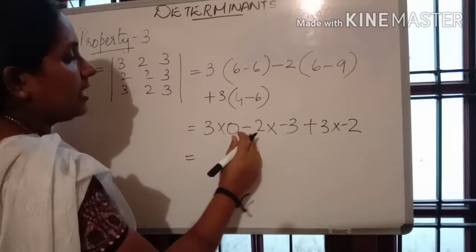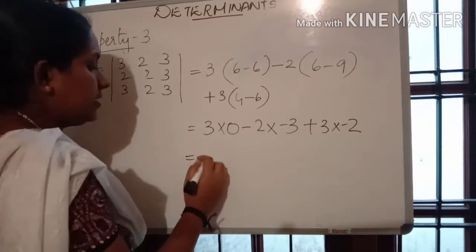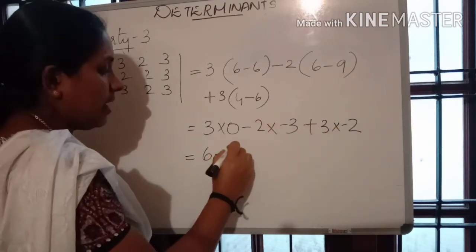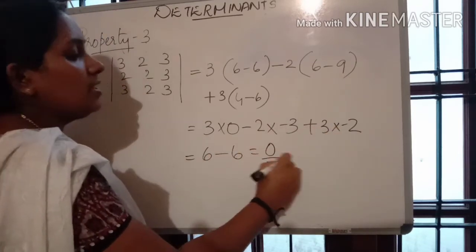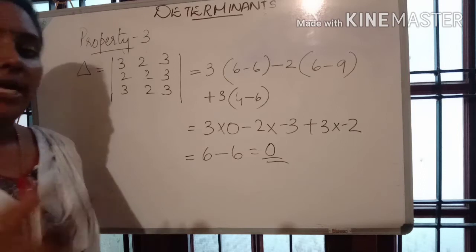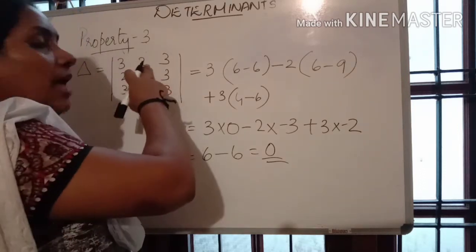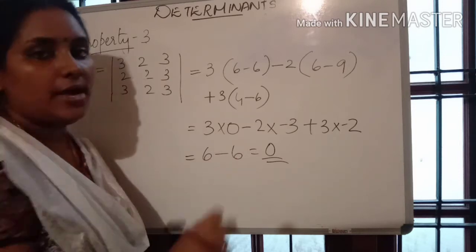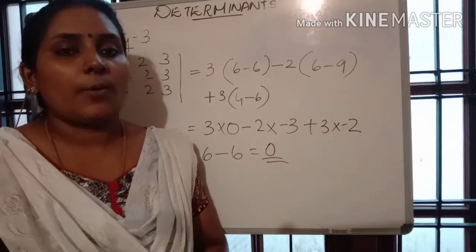We get minus 2 into minus 3, which is plus 6, and 3 into minus 2, that is minus 6. We'll get the answer as 0. If we interchange the identical rows, we will also get the determinant value as 0. This is property number 3.